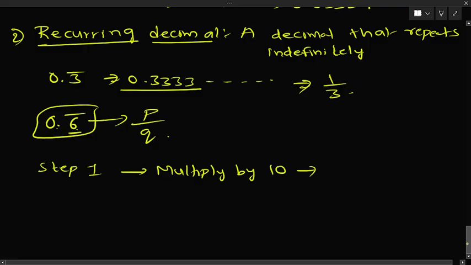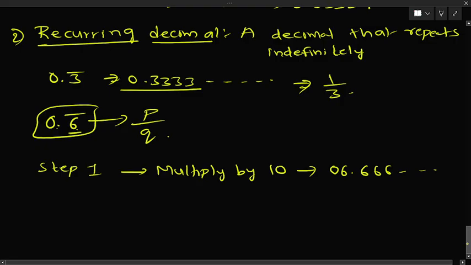So here we get, for example, in this format, if we multiply 0.666 and it goes on, when we multiply with this 10, we get 6.6 bar.